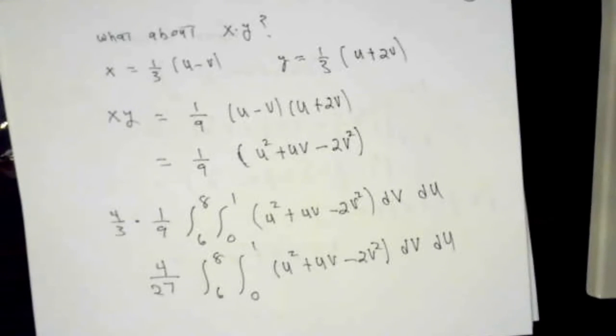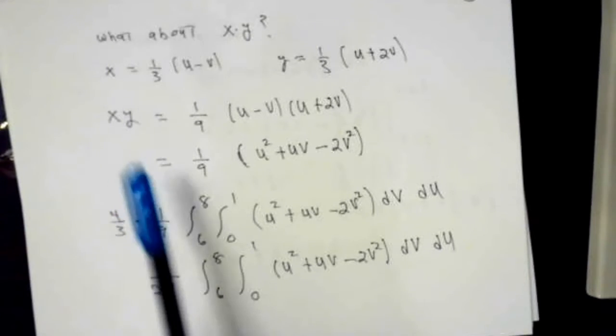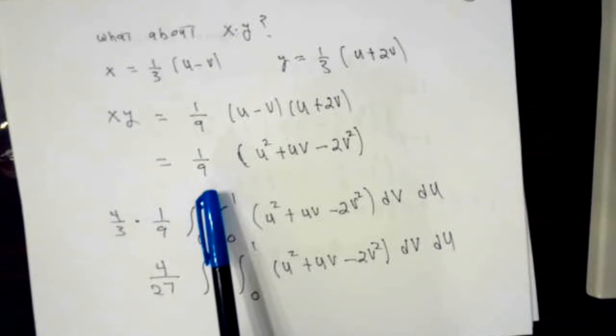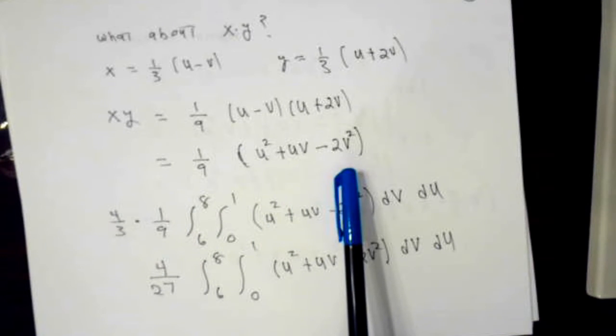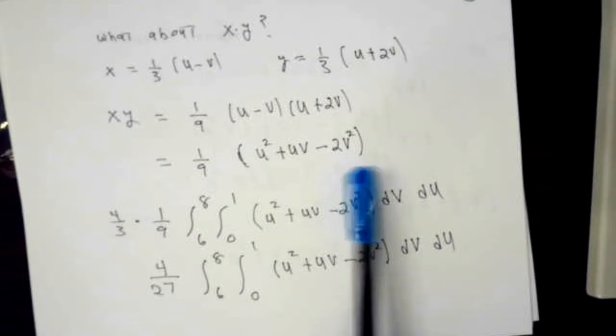If I use the formulas that I figured out for x and y in terms of u and v, it's just a bit of algebra to see that x times y has to be 1/9, there's another constant factor, times u squared plus uv minus 2v squared.